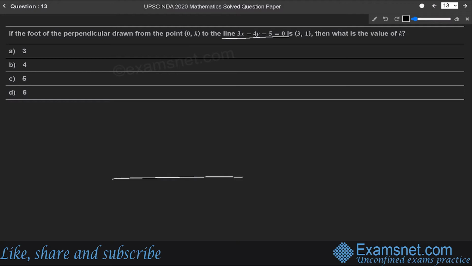So this is the line, and a perpendicular is drawn from the point (0, k). It is written in the question that a perpendicular is drawn to the line 3x minus 4y minus 5 is equals to 0, and the foot of the perpendicular is (3, 1). It is given in the question. So this is our diagram. I hope it is clear to you.